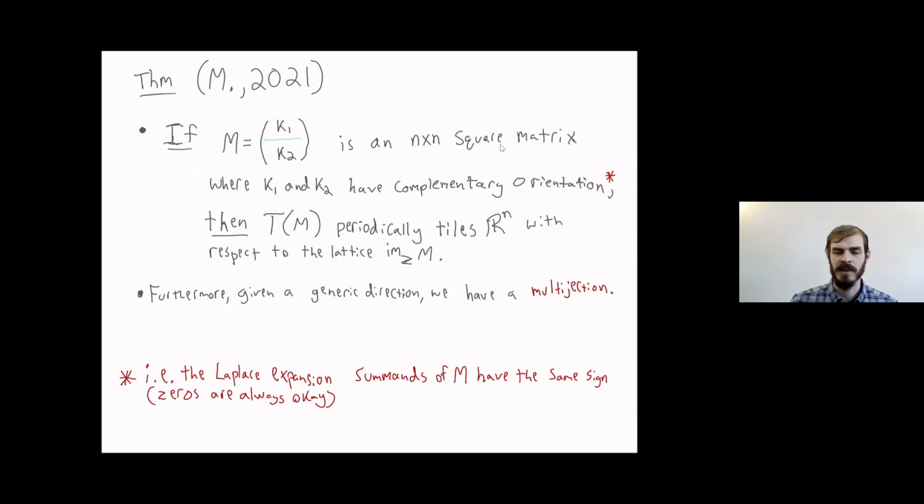And if we choose a sufficiently generic direction, we're going to get a multi-ejection between the co-kernel and the summands of this Laplace expansion, which are related to generalized spanning trees, or related to bases of matroids. It all kind of connects together when you look at it in the right way.